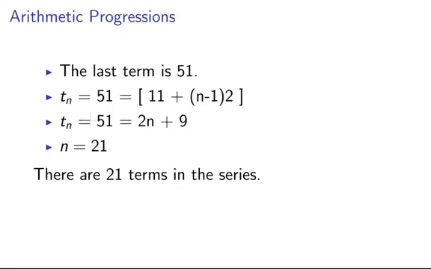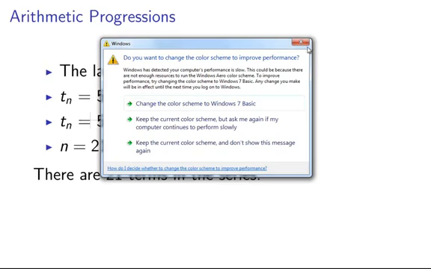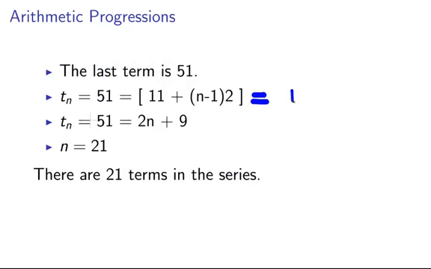Simplifying, we have 11 plus 2n minus 2, which works out to be 2n plus 9.